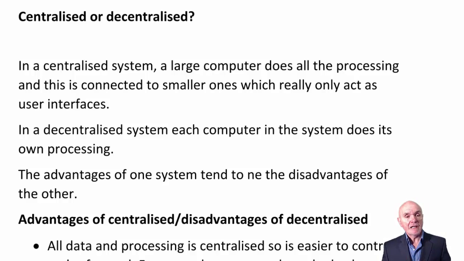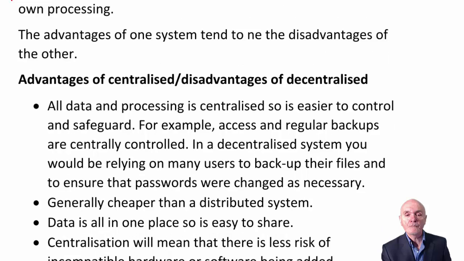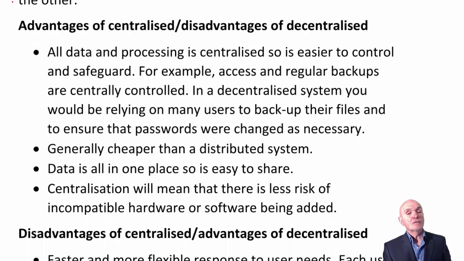In a decentralized system, everyone has their own powerful computer, and the computing is done in a more distributed form. Advantages of one tend to be the disadvantages of another.